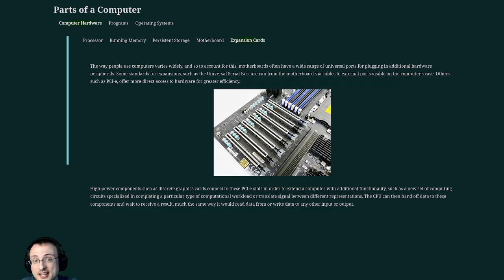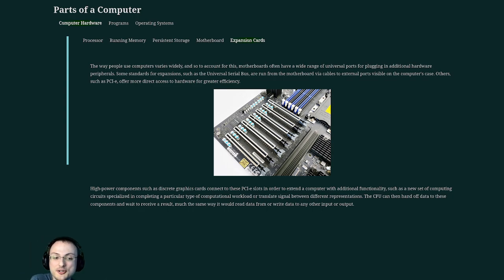So these PCIe lanes are often used for things like a GPU, a discrete graphics processing unit. And in these slots, we are able to address the little logic units, the gates on these GPUs, the same way that the CPU would access its other components.